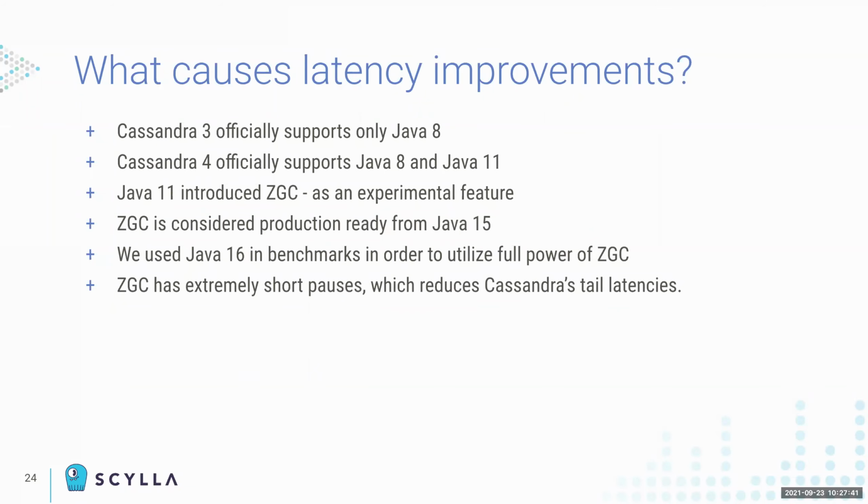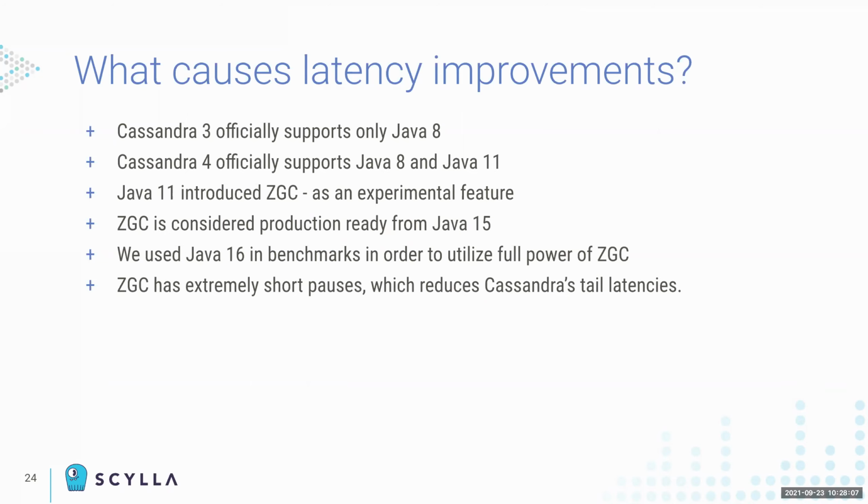So, a bit of summing up the results. What caused the latency of Cassandra 4 to be so much better? The quick answer is that the JDK has improved so much compared to Cassandra 3. Cassandra 3 only supported Java 8 officially.